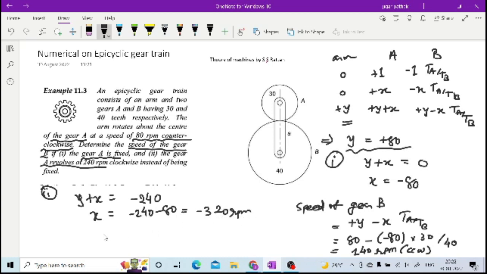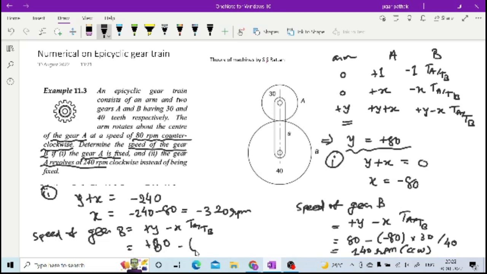Now once you have this value, again you can calculate the speed of gear B with the same equation, that is plus y minus x TA by TB. So this plus y is nothing but plus 80, as we know.